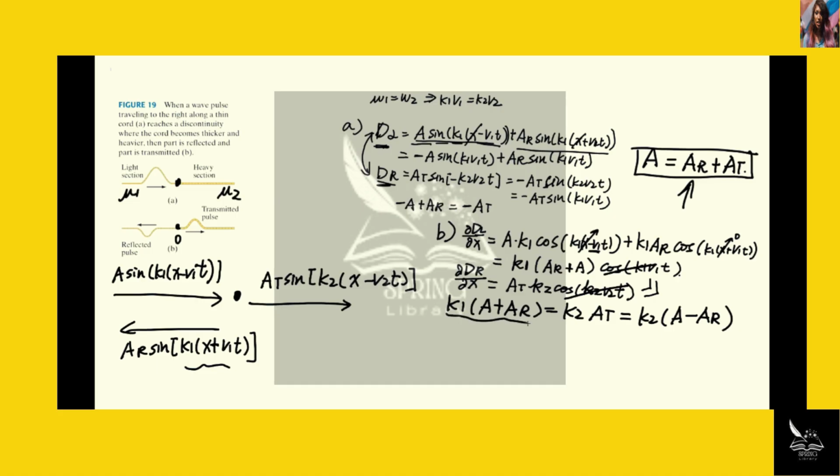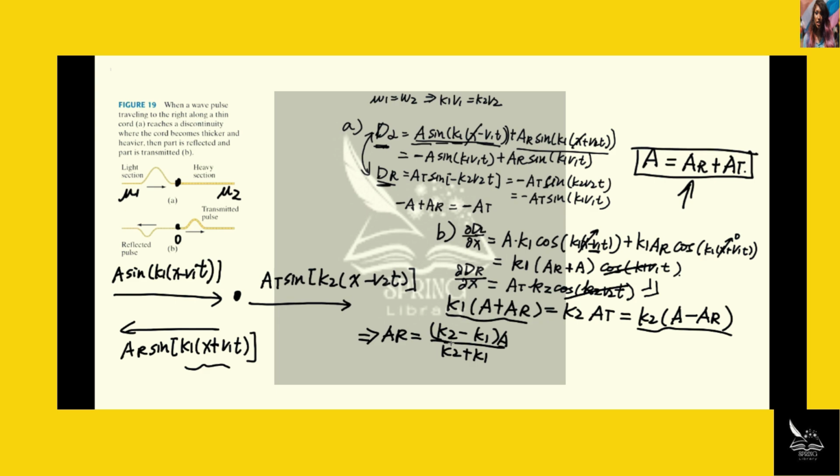Now we can rearrange these two equations to have A_R equal (k1 minus k2) over (k1 plus k2) times A. So this is the second half of the equation we need to prove.